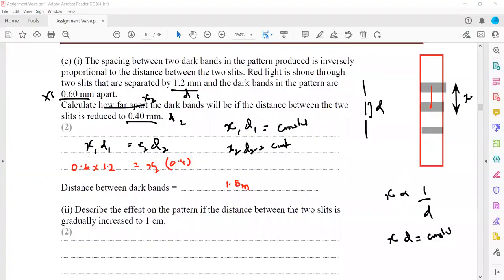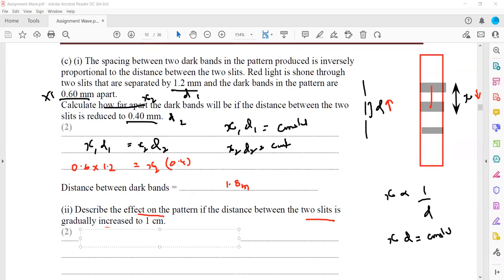Then describe the effect on the pattern if the distance between the two slits gradually increases. If we increase the distance, as we know they are inversely proportional, the distance between the fringes will decrease. So what pattern will we observe?